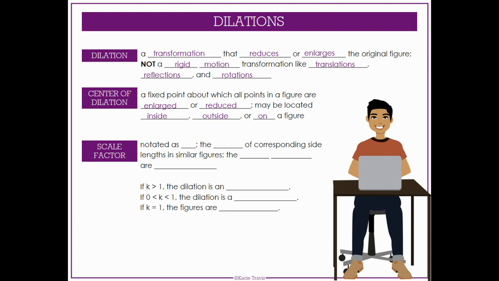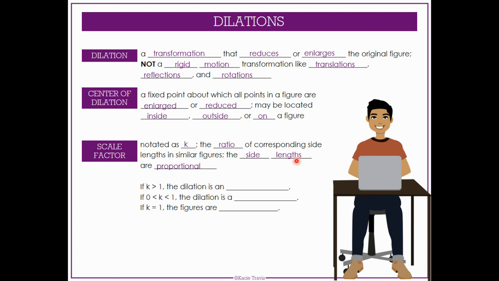Other than having a center of dilation, we also have to have a scale factor. The scale factor is noted as K. Whenever you see the letter K, that's the scale factor. This is the ratio of the corresponding side lengths in similar figures, and the side lengths are proportional.